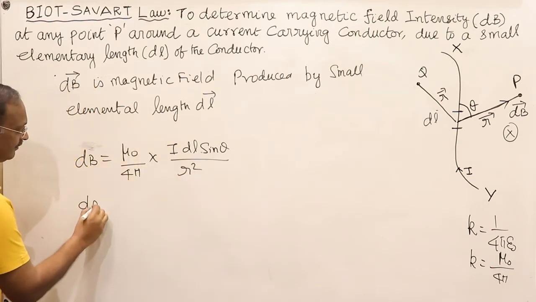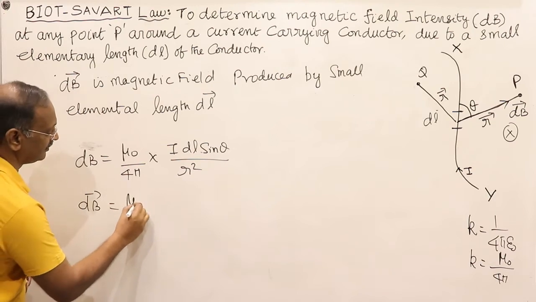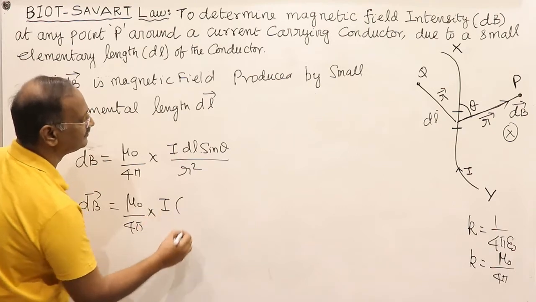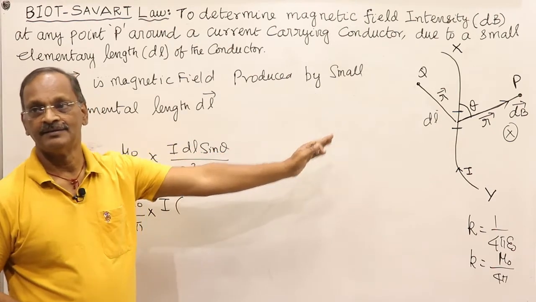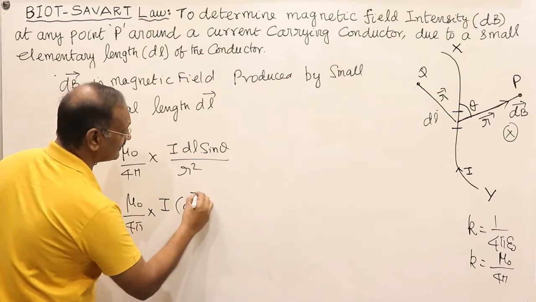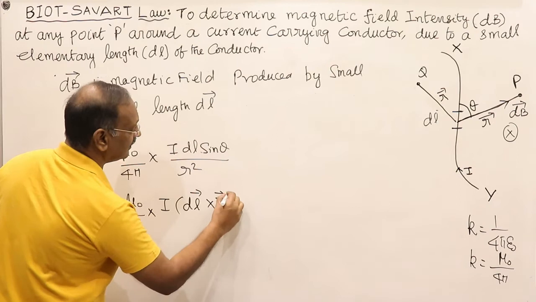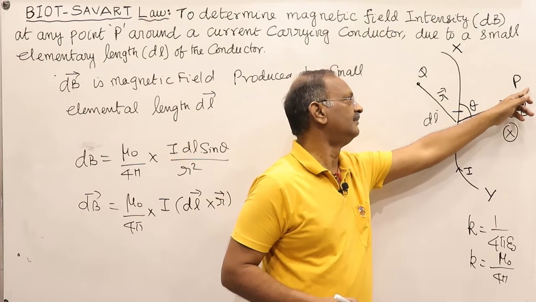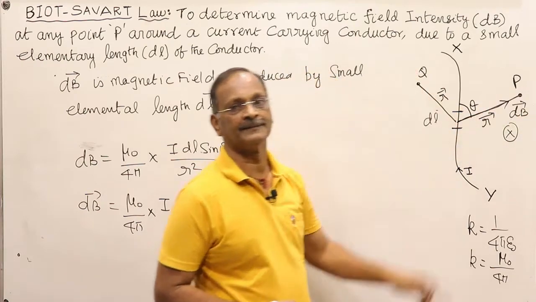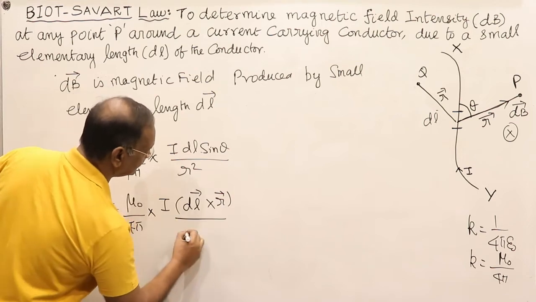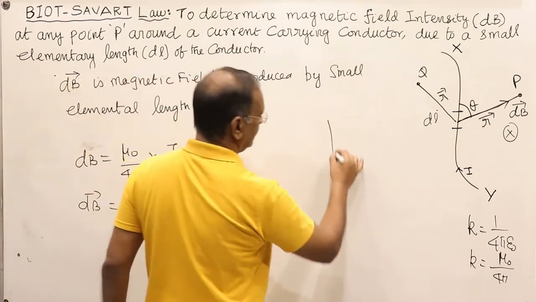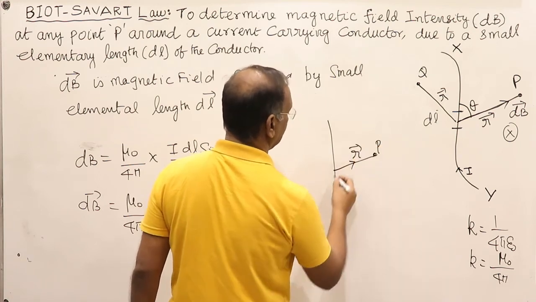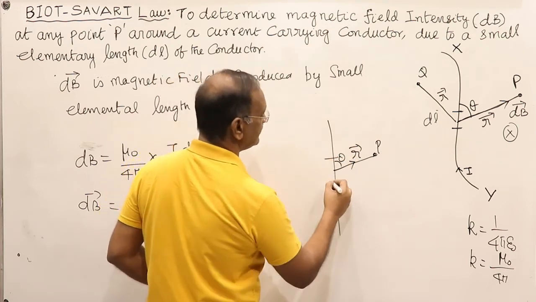In vector form, dB vector is equal to mu naught by 4 pi into I into dl vector cross product with the r vector, where r vector is the position vector of this point P with respect to this dl vector, divided by r cube. If the point is P here, this is r vector and this is theta, and this is our dl vector in this direction.